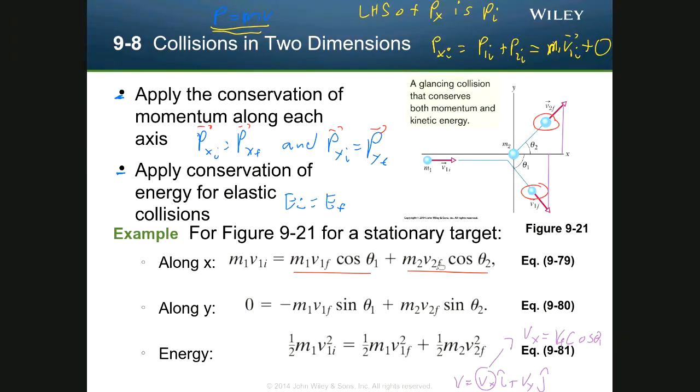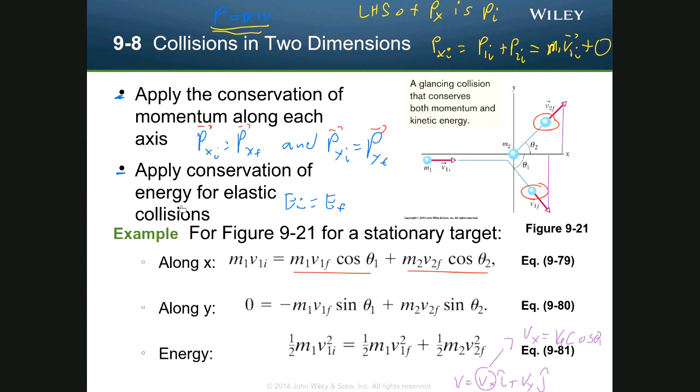We're just talking about along the x component. Good? All right.